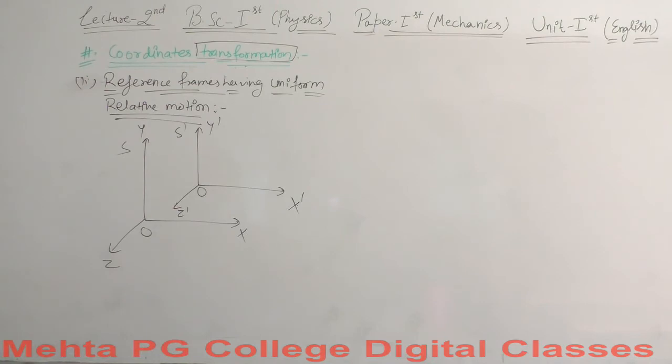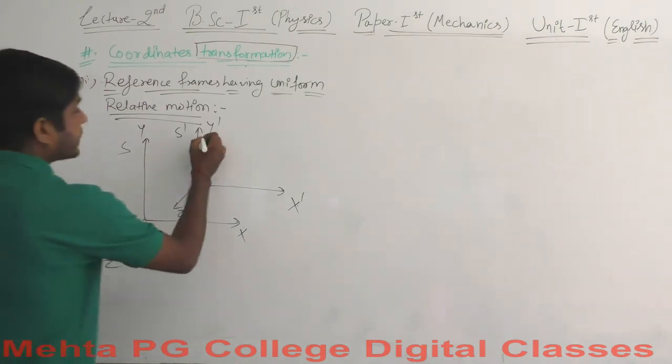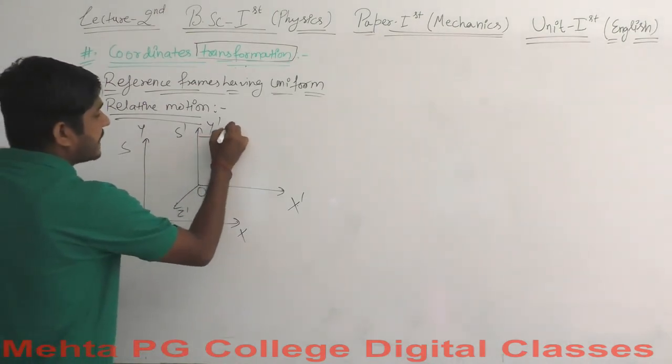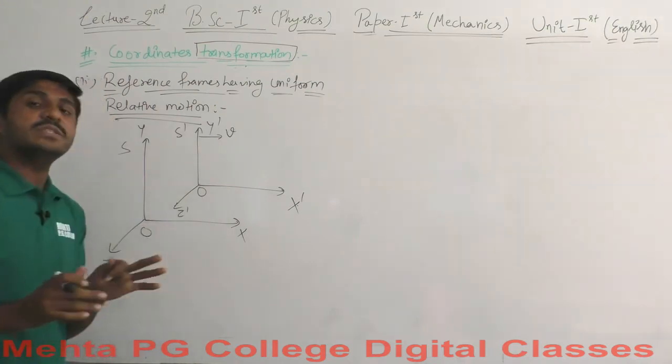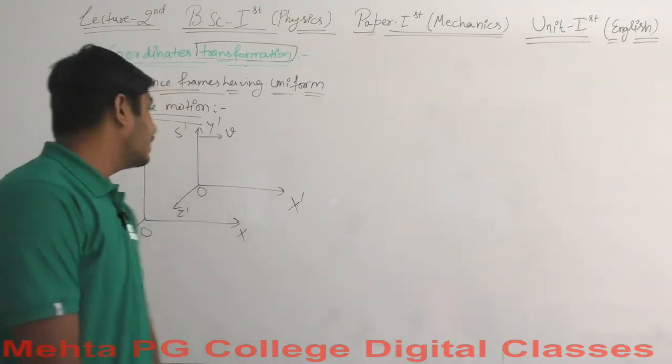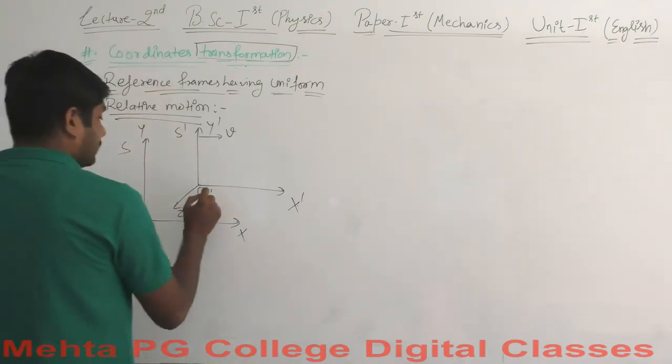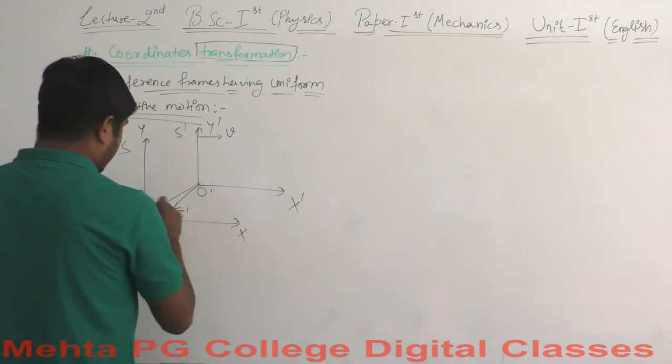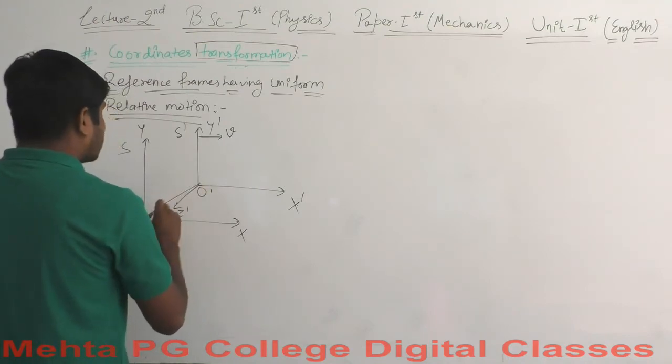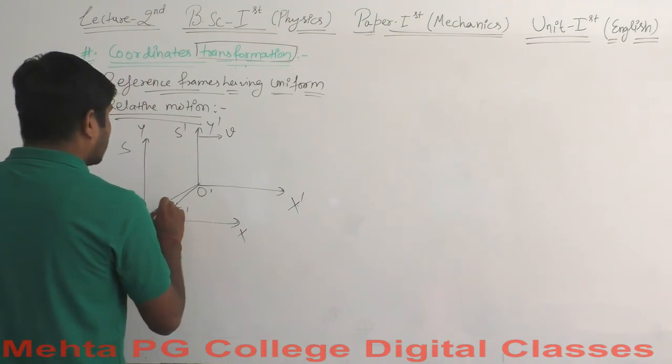You can consider this frame is moving with a particular velocity v in some certain direction, and this is O dash, and the displacement vector for this is again r naught.